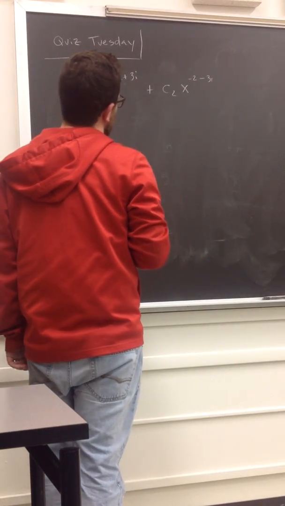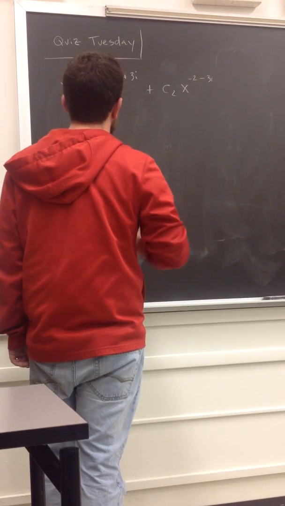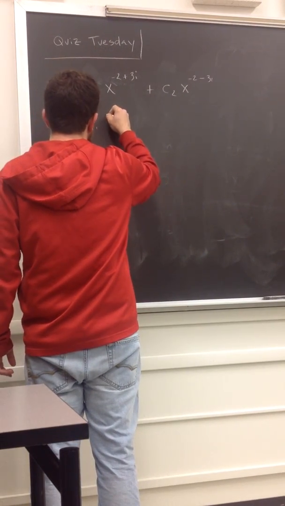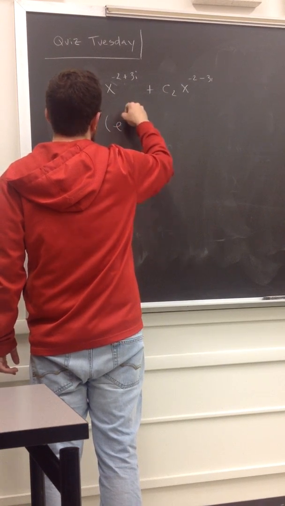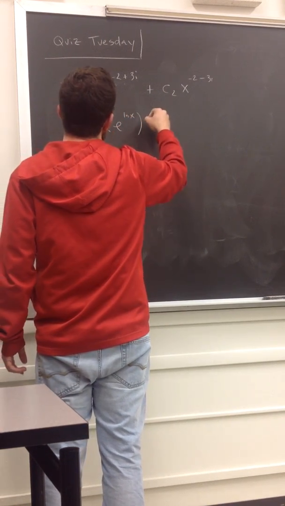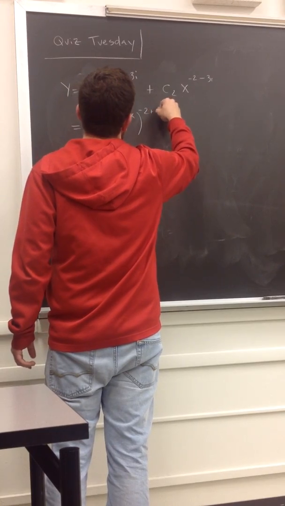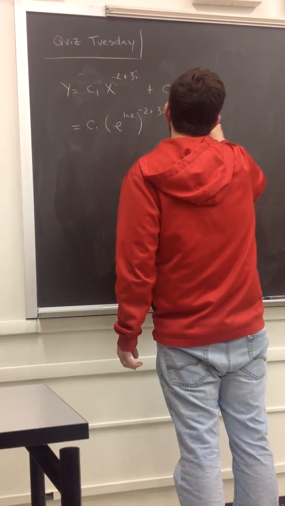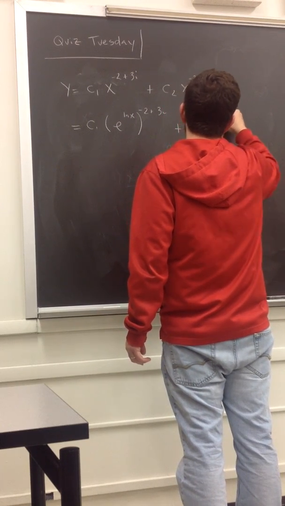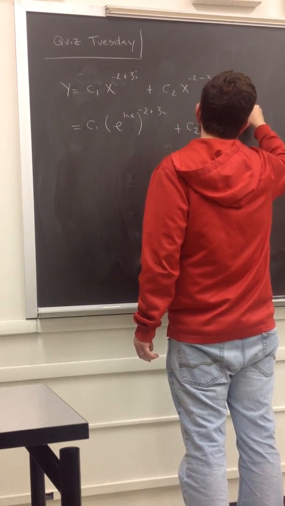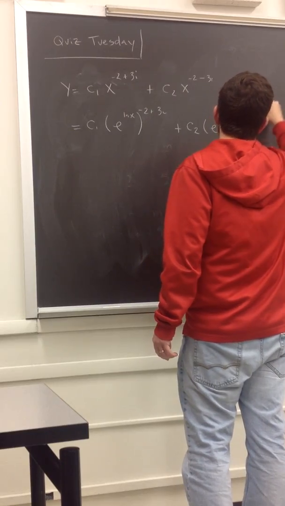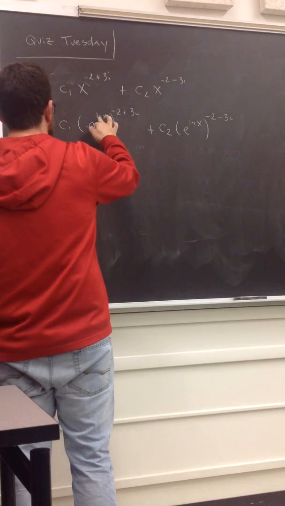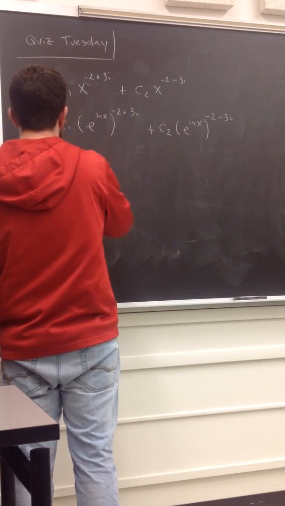So let's change x to base e by writing it as e to the log x. So the exponent is this multiplied by this.